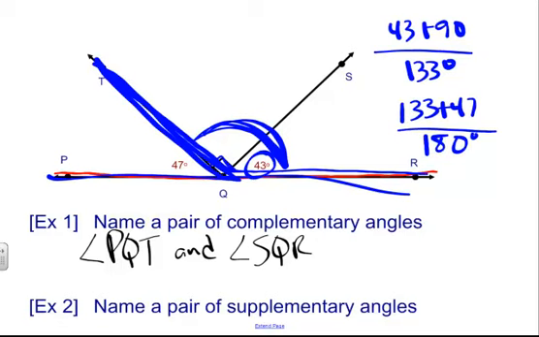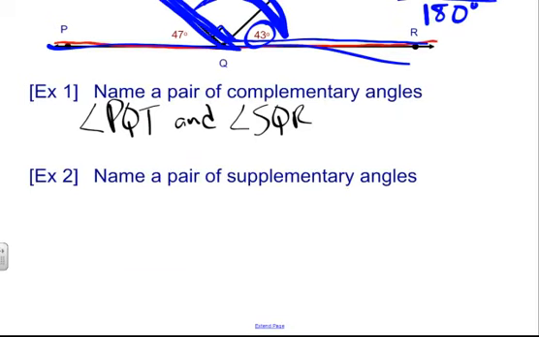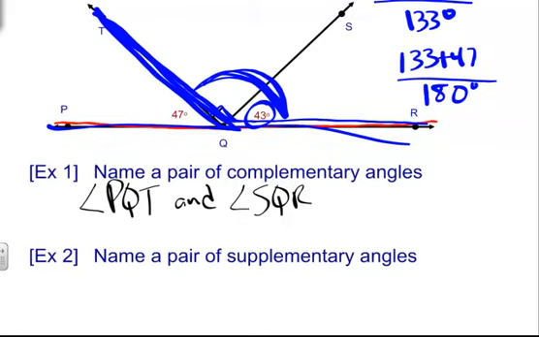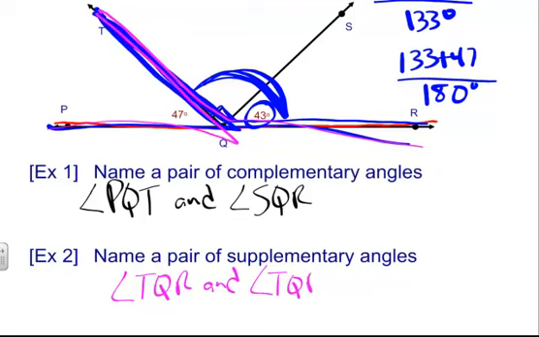Okay, so that would be your supplementary angles. So we know that angle TQR and angle TQP add up to 180 degrees.